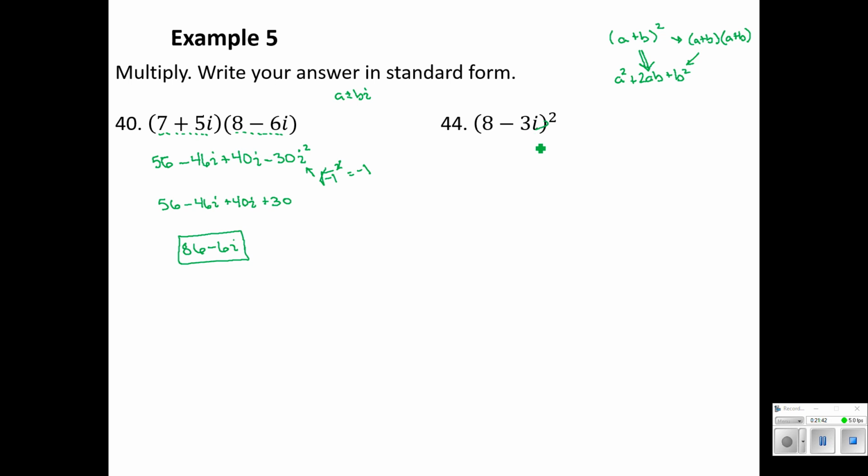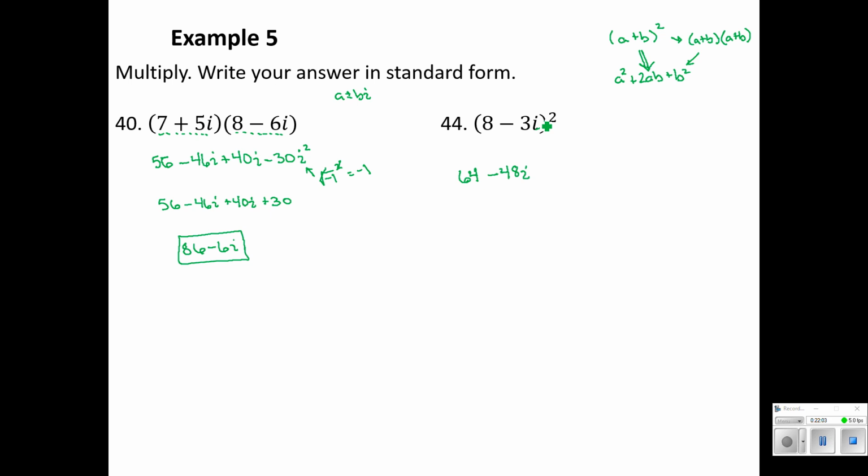Just remember that we need to do the FOIL method here. So 8 minus 3i, that quantity squared, I do first thing squared, 64. 2 times the first times the second, 2 times 8 times negative 3i, 16 times negative 3i, that's negative 48i.